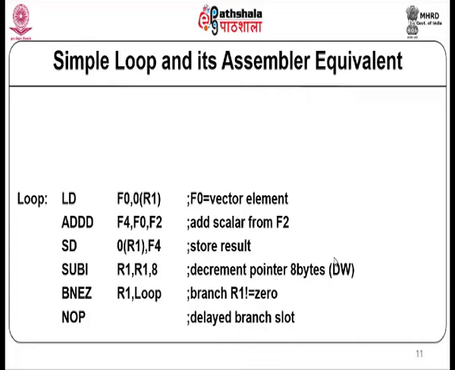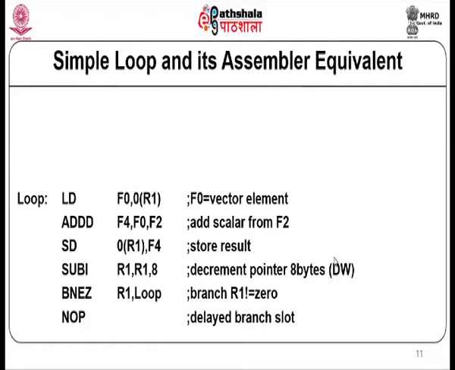Now, the same process will have to repeat a number of times. The loop maintenance code is indicated by the subtract instruction here and a branch if not equal to zero instruction. Every time you execute the loop, you modify the pointer value in R1 so that it points to the next location in memory, and as long as it has not decremented down to a particular value, branch if not equal to zero goes back and executes the loop.